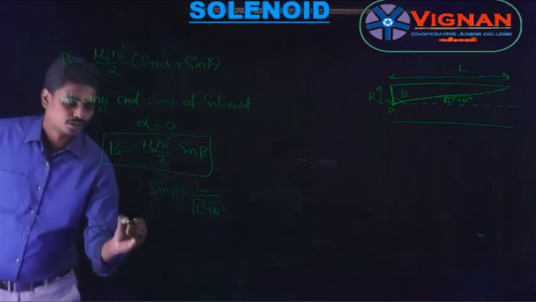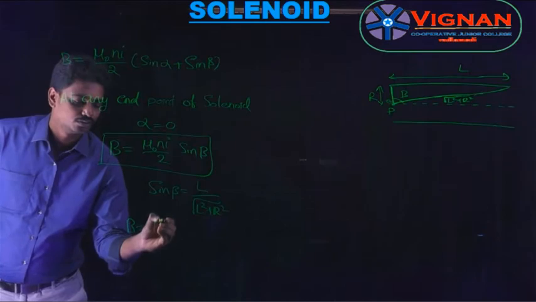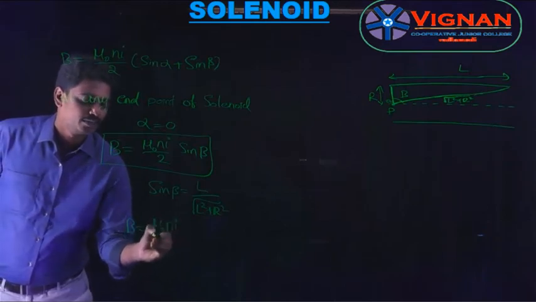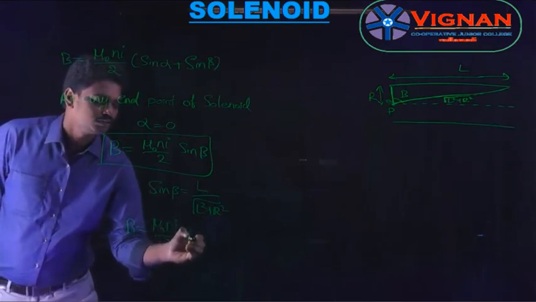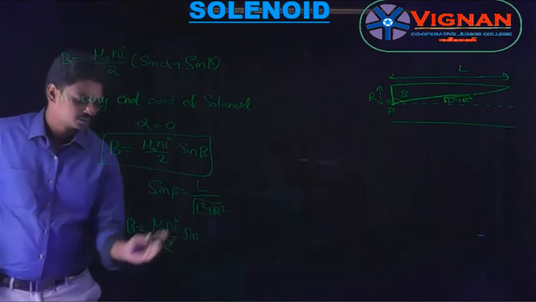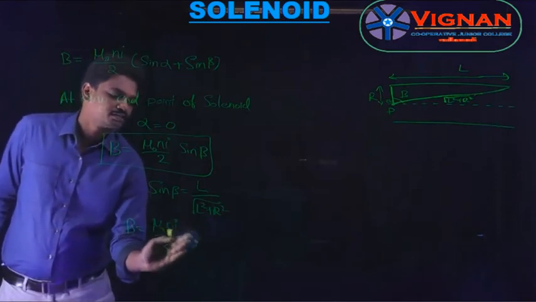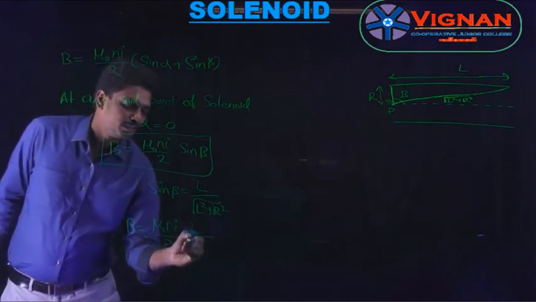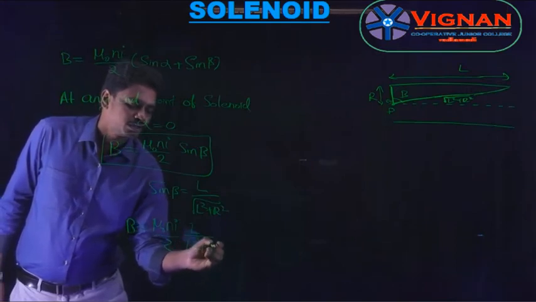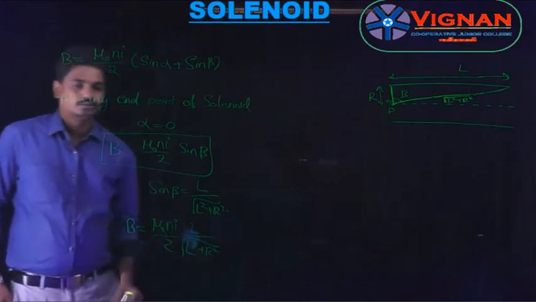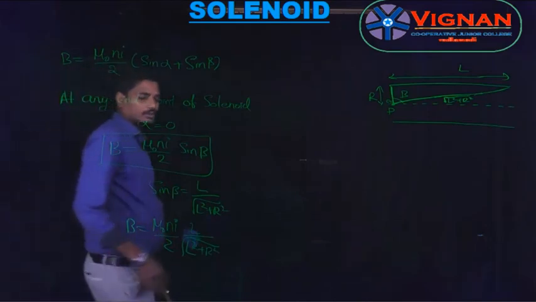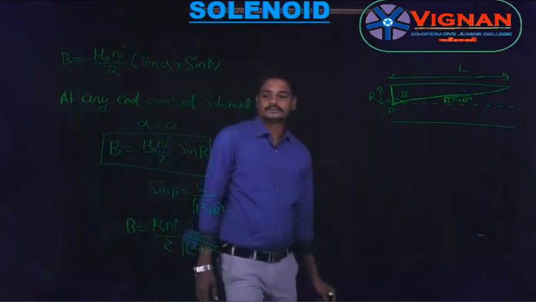By substituting in the above equation, B is equal to mu naught Ni by 2 into L by root over L square plus R square.